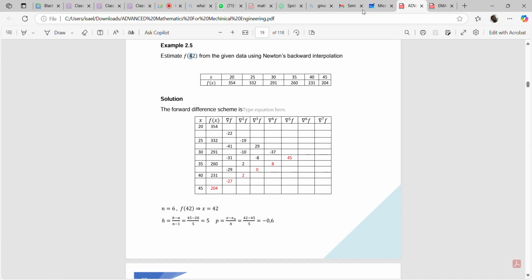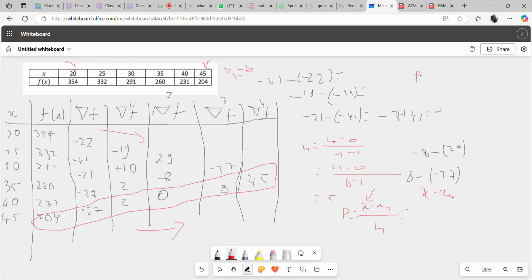X is the value that we want to find, 42.